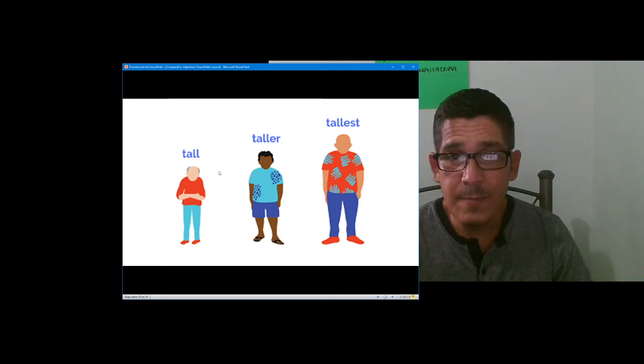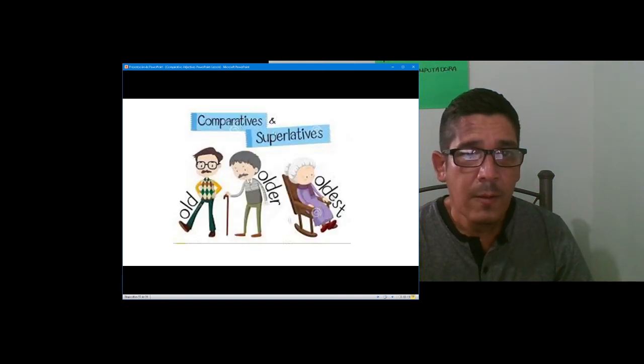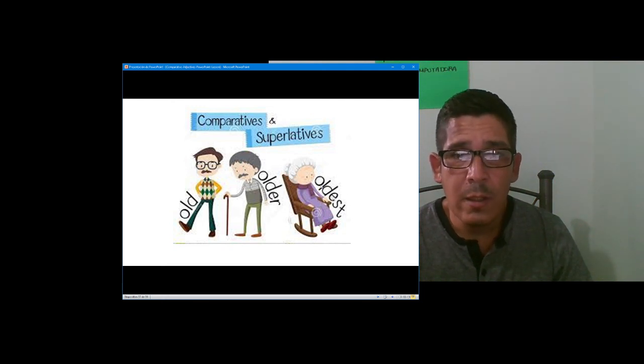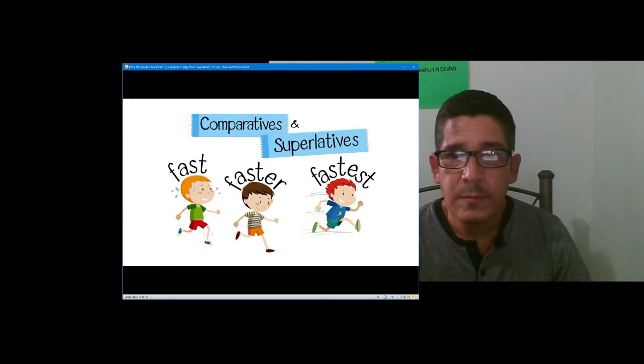But superlatives is a comparison between more than two people. So tall, taller, tallest. For example, you have in here old, older, oldest. You have fast, faster, and fastest.